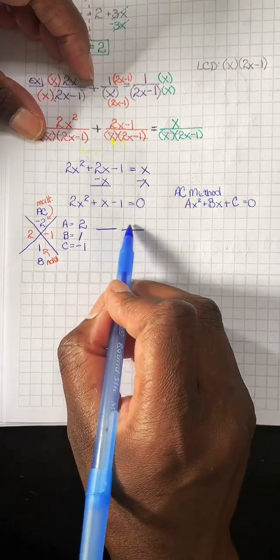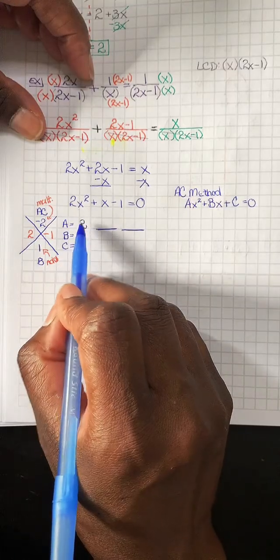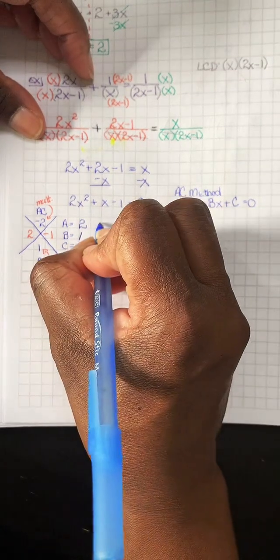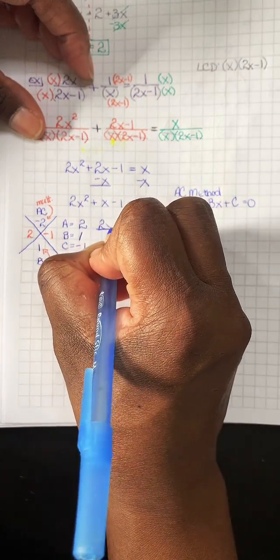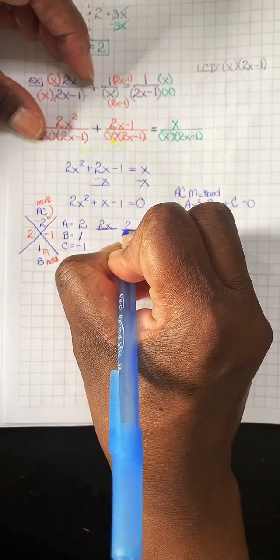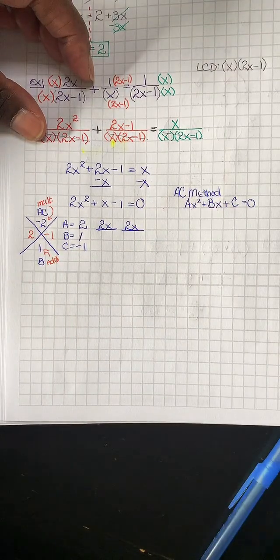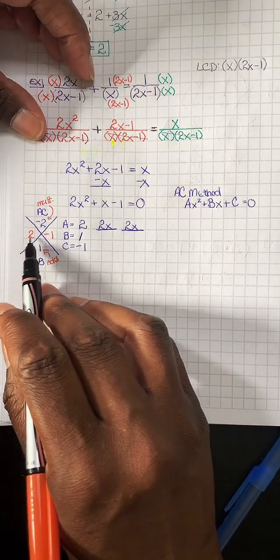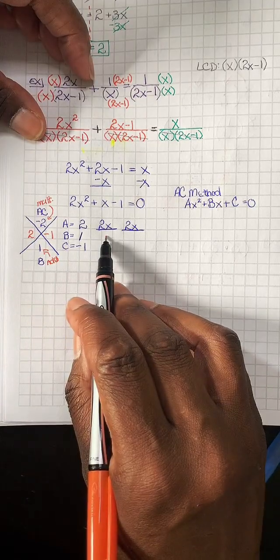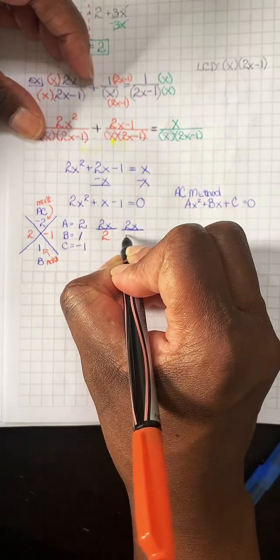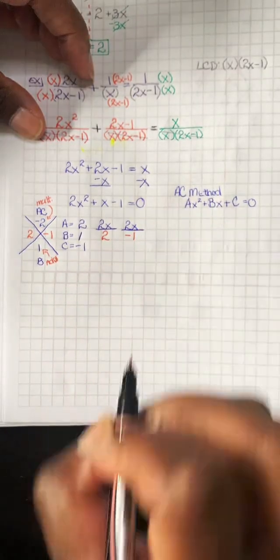Your numerator is going to be your a value with the variable. Notice it said squares, so I'm going to have 2 of them. So that's 2x and 2x. What goes down in its denominator is the numbers that we found, the 2 and a negative 1.